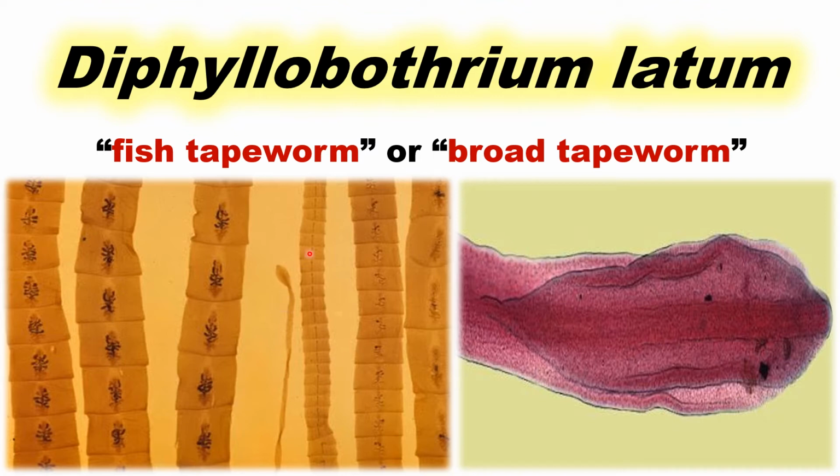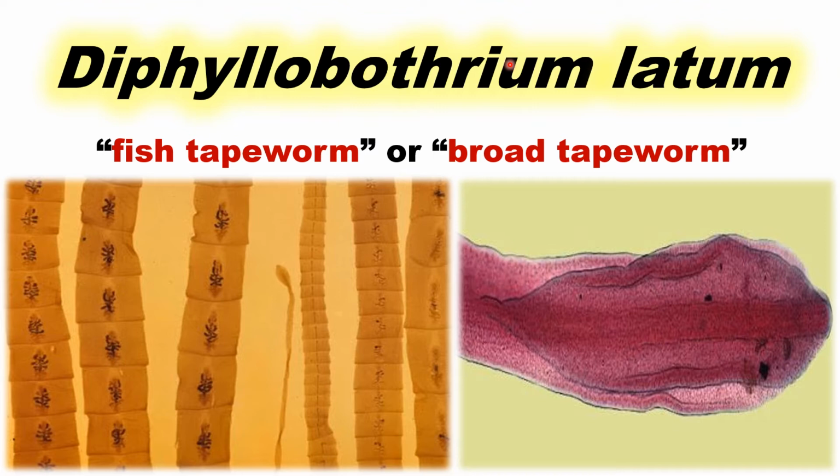And here is a picture showing you the head or the scolex, its neck, and its immature down to its gravid proglottids. Take note that this particular cestode is the largest tapeworm infecting humans, and at the same time it is known as the longest tapeworm.